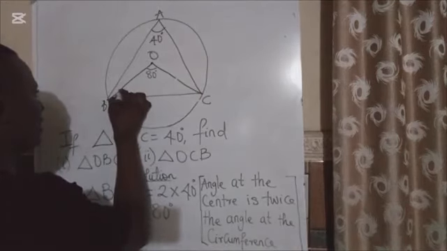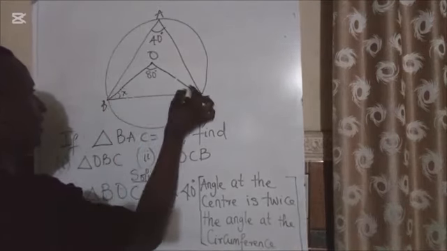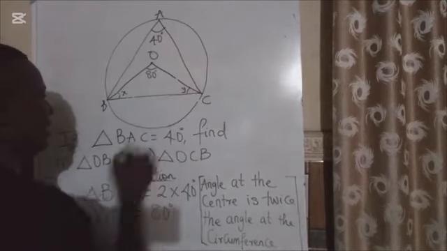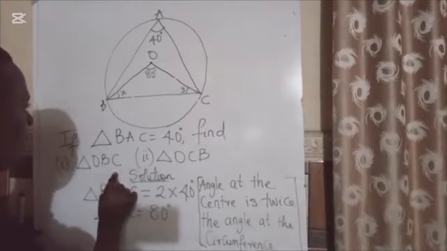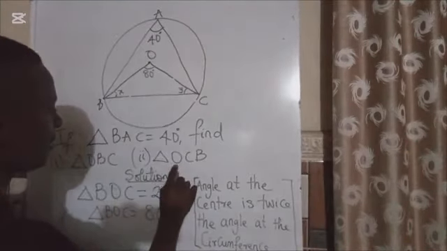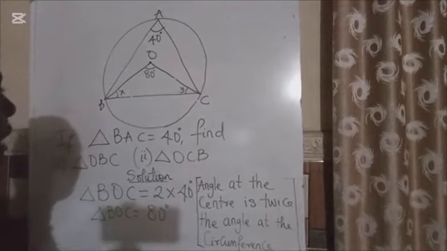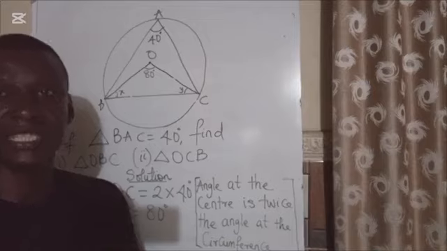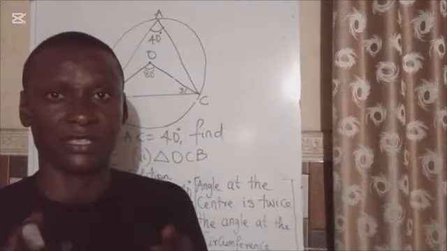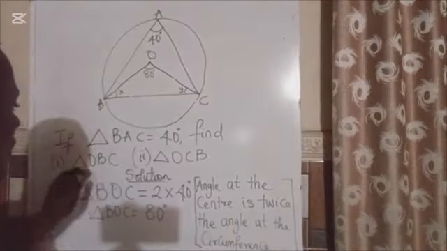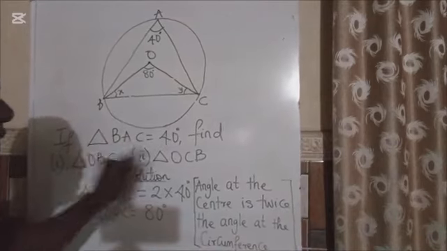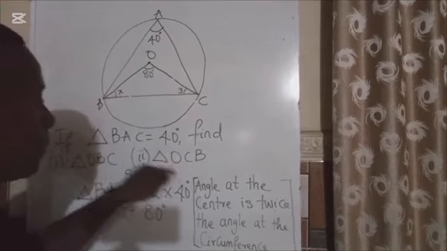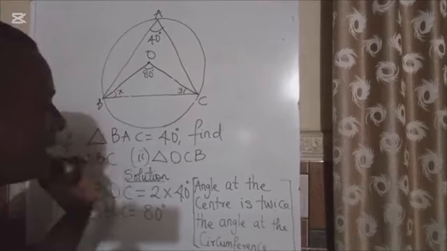Let me call the angle here X, and let me call the angle here Y. Now, X here represents triangle OBC, and Y here represents triangle OCB. Why do I put my X here? I did say in my last section that whenever you're given 3 alphabets, the alphabet at the middle is the owner of that angle.